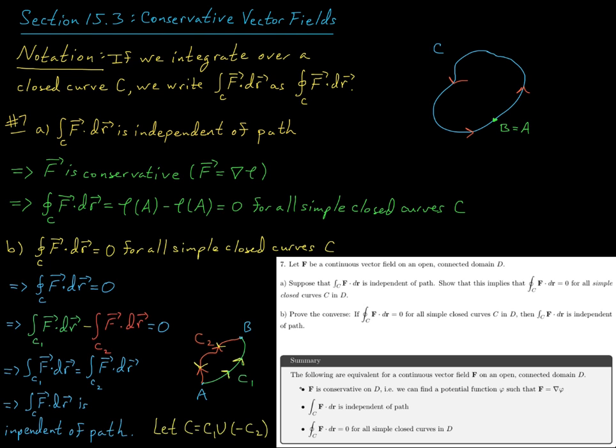That is equivalent to this integral being independent of path. That was the content of theorem 17.5. And now, based on our discussion from question 7, we know that this independence of path condition is equivalent to the integral over all simple closed curves in our region to come out to be 0.